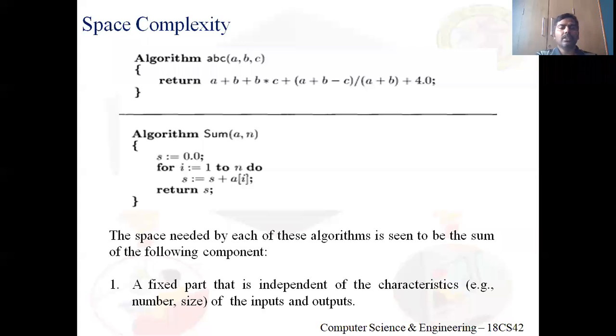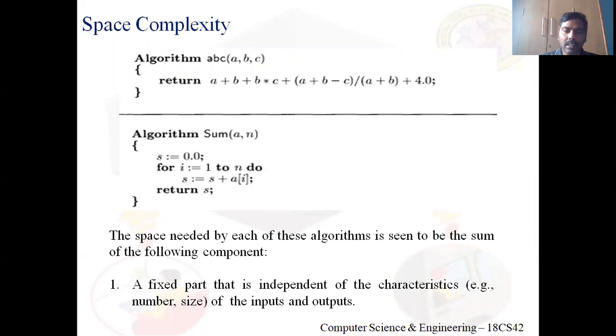So in this case, suppose in one run there are 10 elements in the array. Each element requires 1 unit of memory, so 10 elements require 10 units of memory. Apart from the 10 elements, S, I and N each occupy 1 unit of memory. So in this run, it occupies 3 plus 10 units of memory.